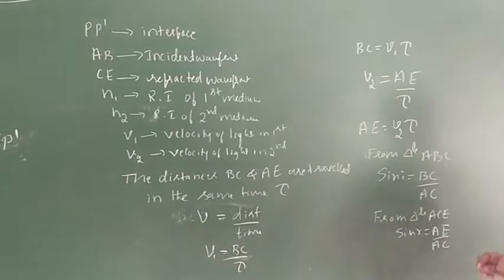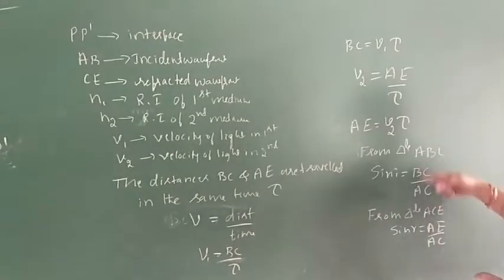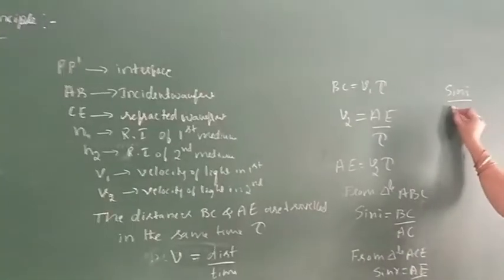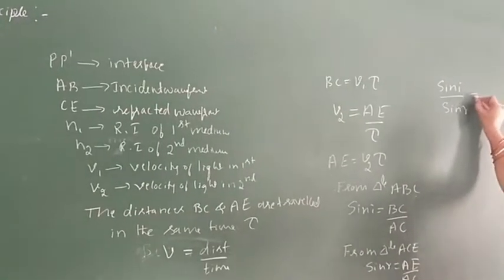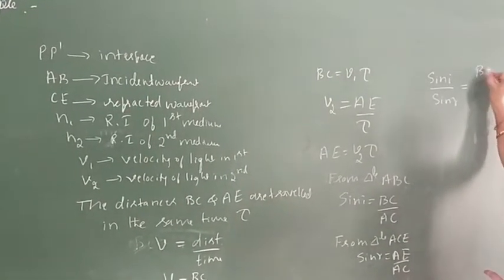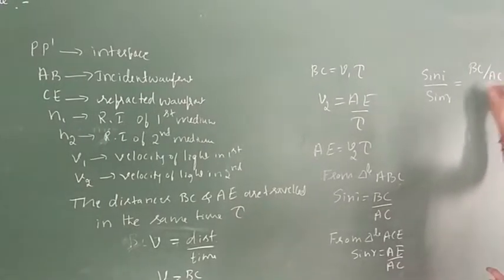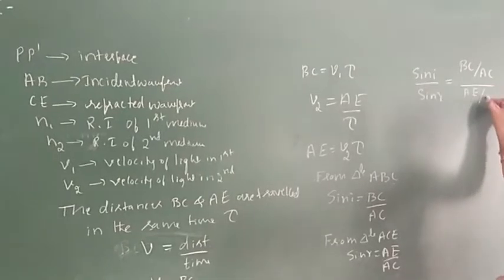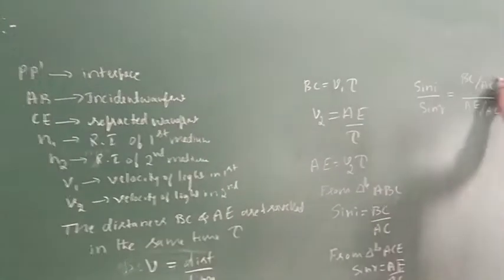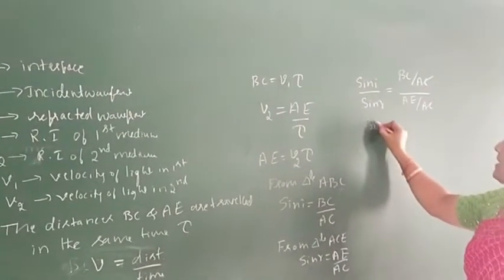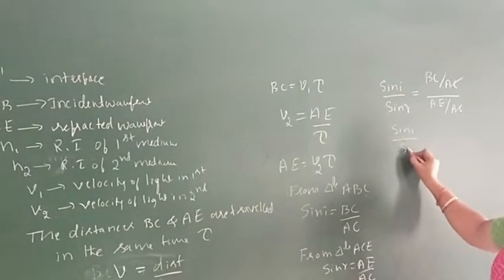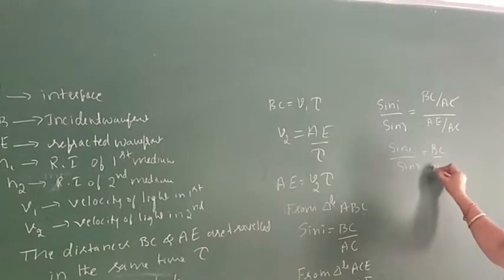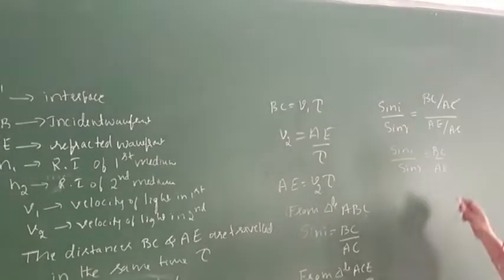Okay. So next, divide this by this, that is sin I by sin R is equal to, what is sin I? BC by AC, divided by, what is sin R? AE by AC. So AC gets cancelled, remaining sin I by sin R is equal to BC by AE. But we know the expression for BC.